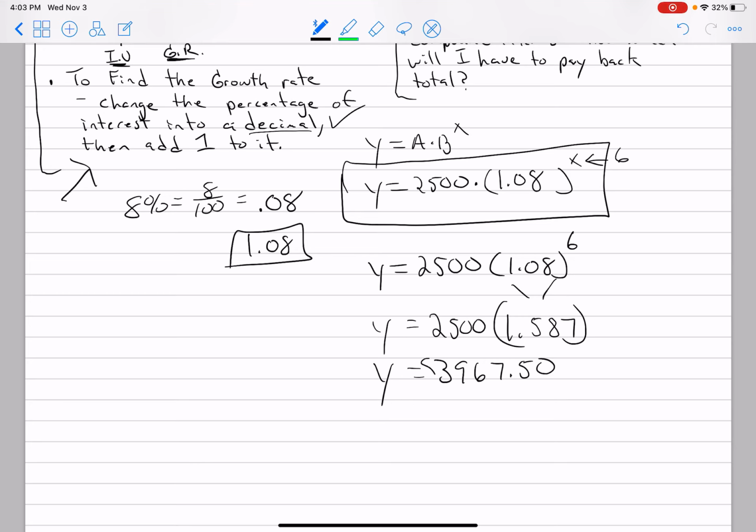So that's how much money. I only borrowed $2,500, but I pay back $3,967.50 if it takes me 6 years to pay them back at this interest rate. I got to give them more money back. That's why they let me borrow the money.